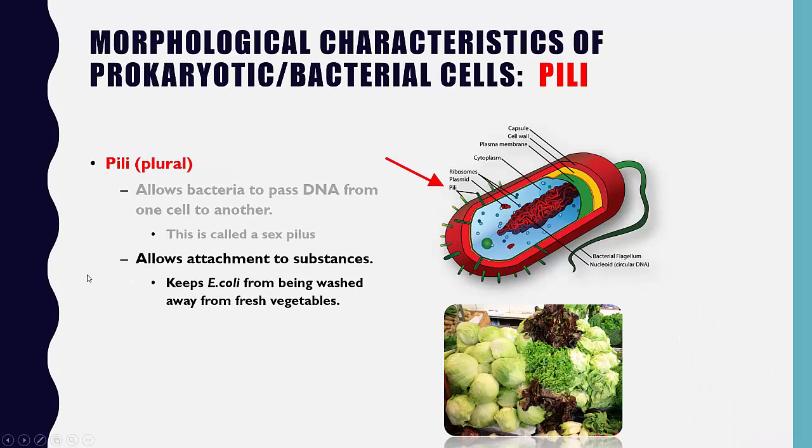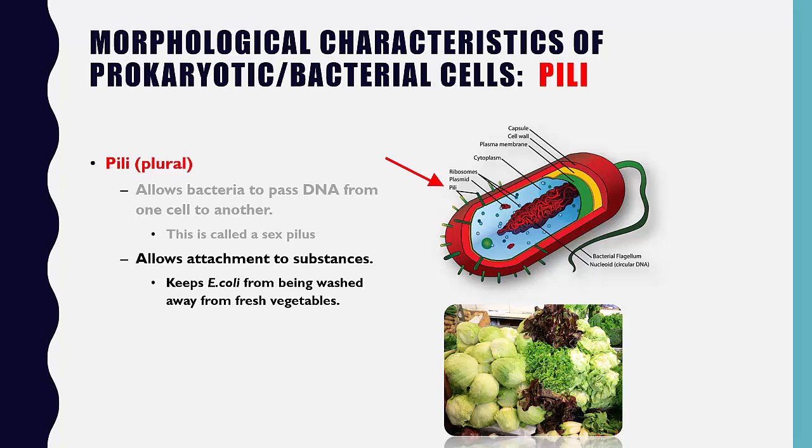Now, pili also allow bacteria to attach to substances. Gram-negative bacteria, which we will talk about soon, are very good at making pili. And yes, they will allow these bacteria to attach to and hold on to a lot of different structures, including fresh vegetables and fruit.